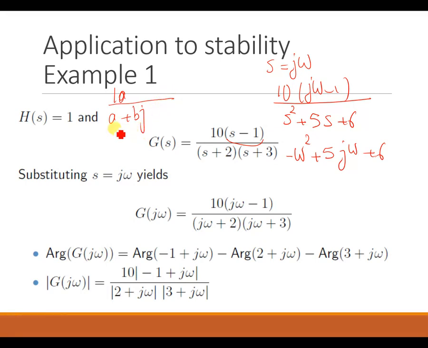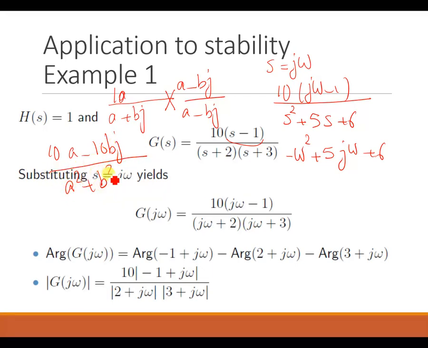If you want to separate the imaginary and the real, all the time you multiply by the conjugate of the denominator, minus bj. Here it becomes 10a minus 10bj, and the denominator becomes a^2 plus b^2. 10a divided by a^2 plus b^2 is the real part, minus 10b over a^2 plus b^2 is the imaginary part.